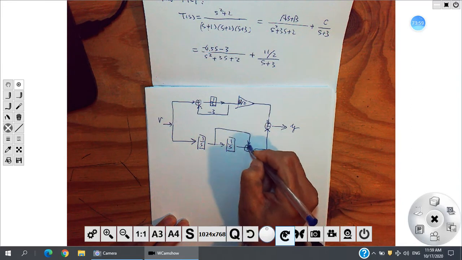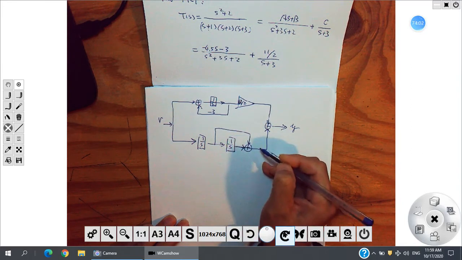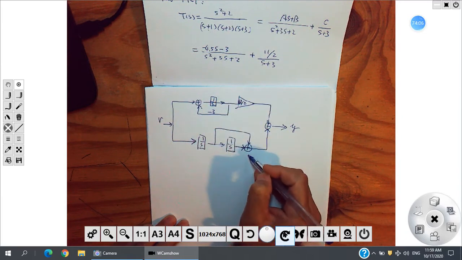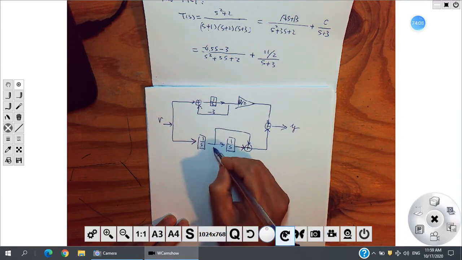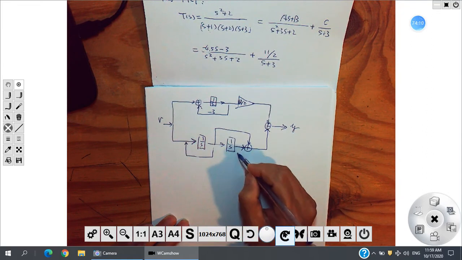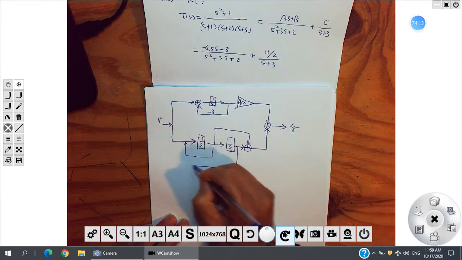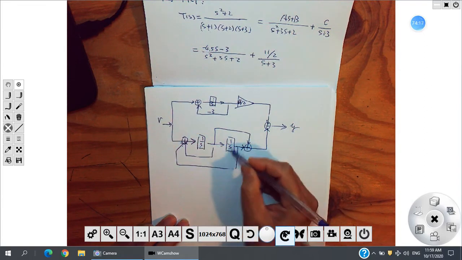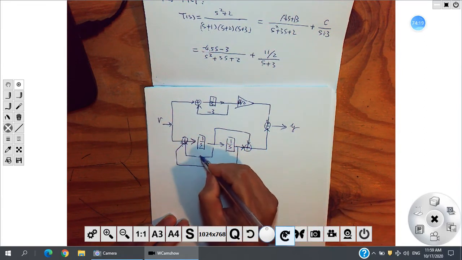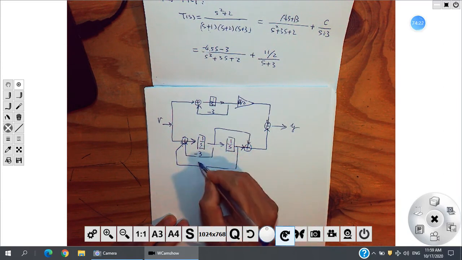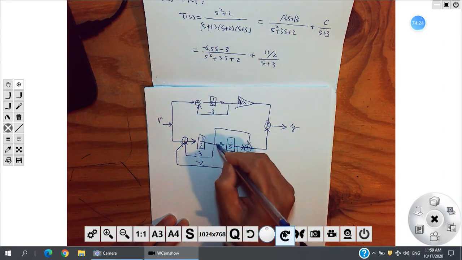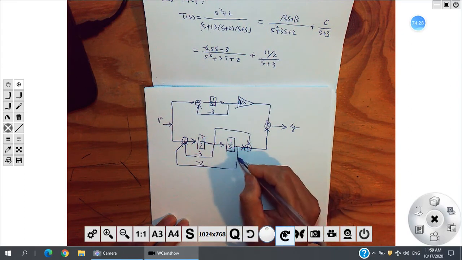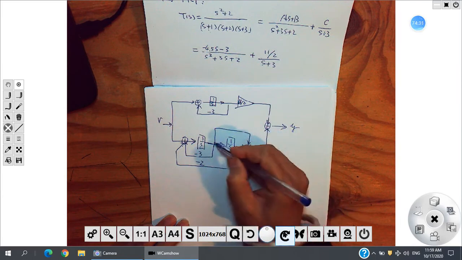And then I need 2 loops, one loop here and one loop here. This loop is negative 3, and this loop is negative 2. Okay, am I good? And I need to put the forward paths.